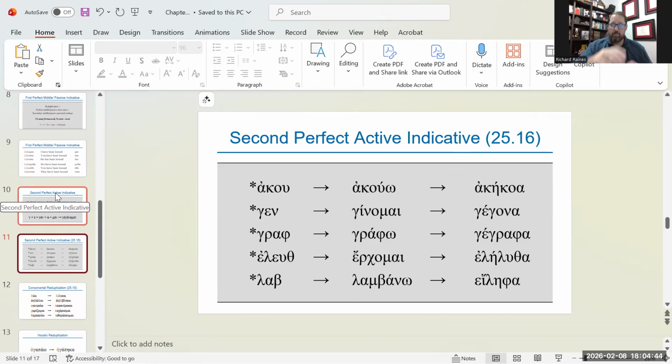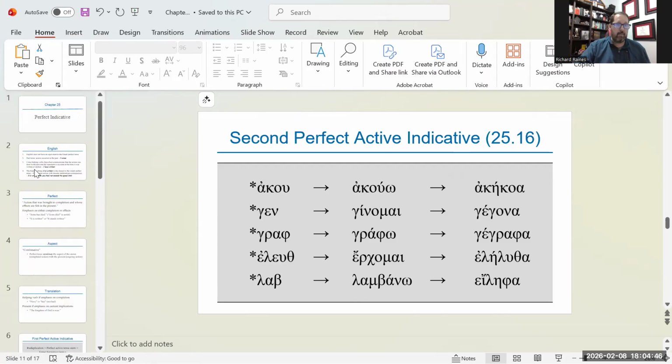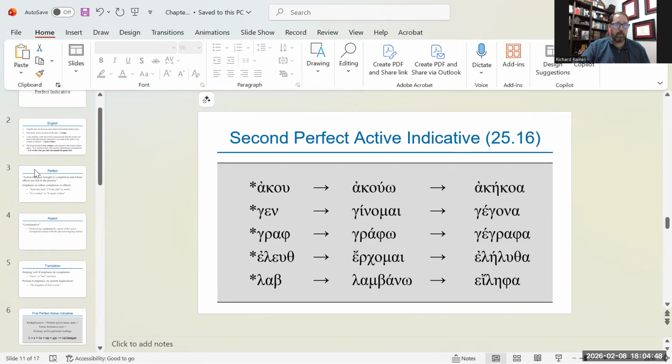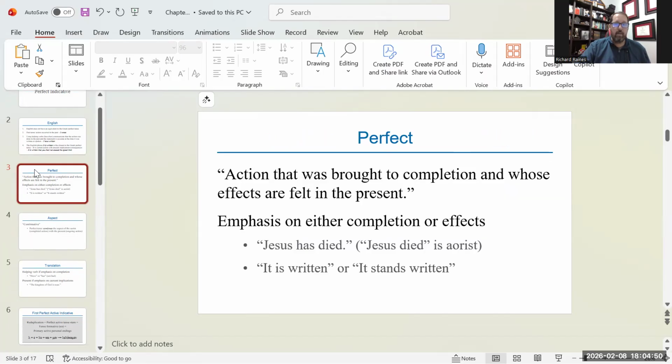Time out. Just going to go back, make sure that you understand it. Perfect is action that was brought to completion and whose effects are felt in the present. It's something that happened then, but it still applies in the present. When I say in the present, it applies.